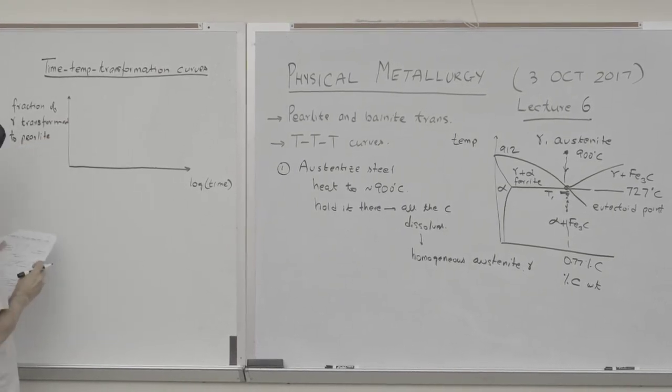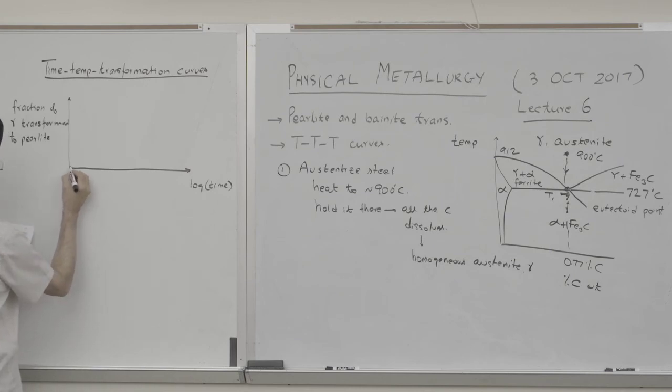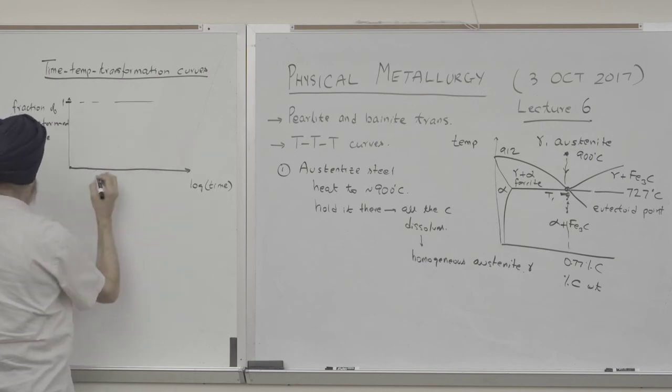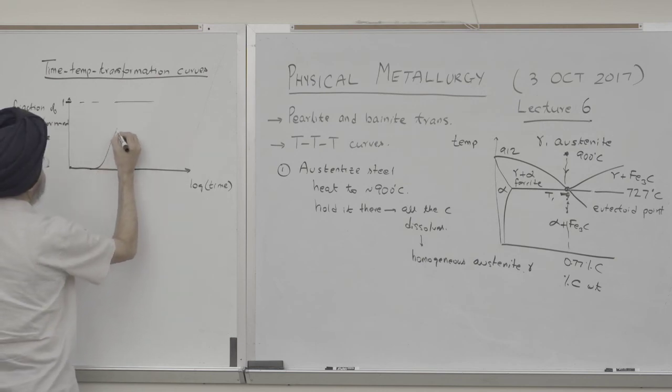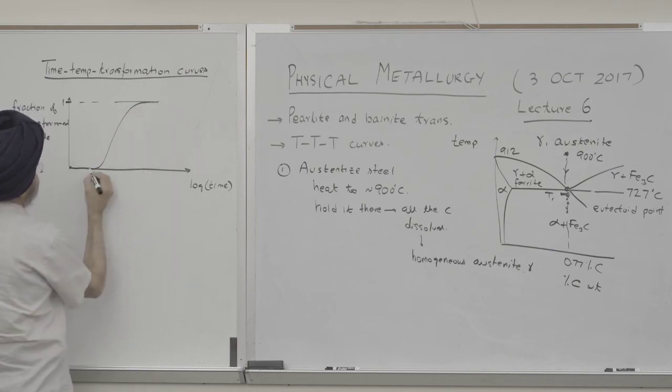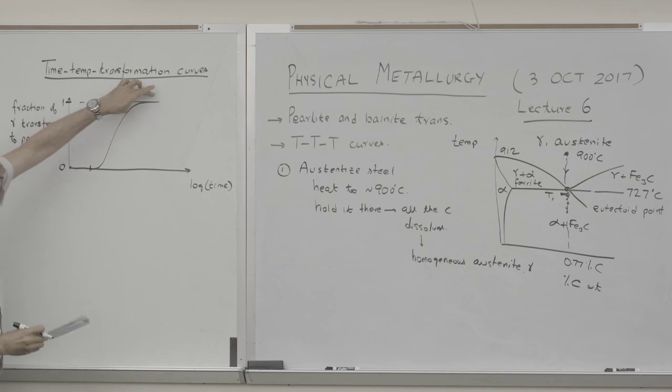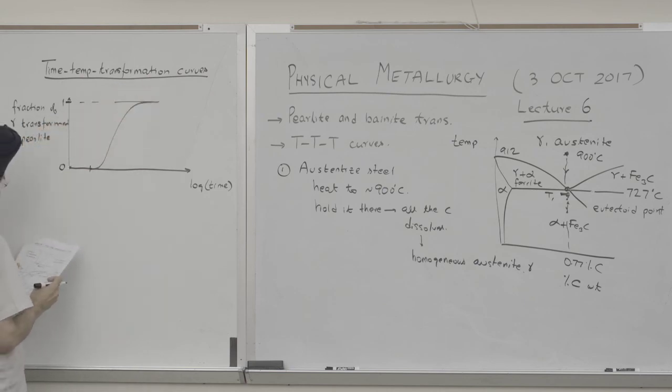We start off with zero fraction transformed, and this is 100%. We started with austenite, and we're transforming that to pearlite. So this curve will look something like this. Zero at this point, and at that temperature it is 100%.